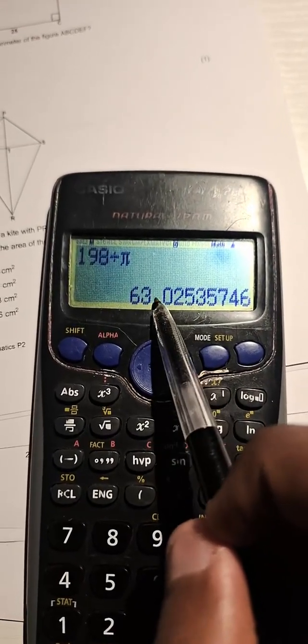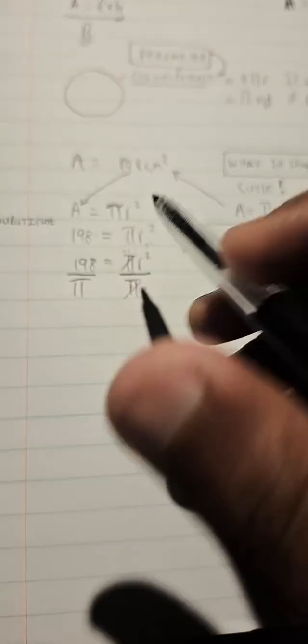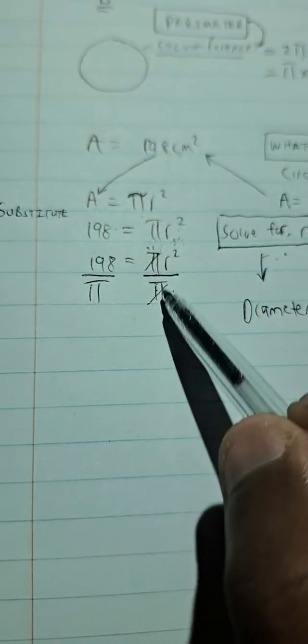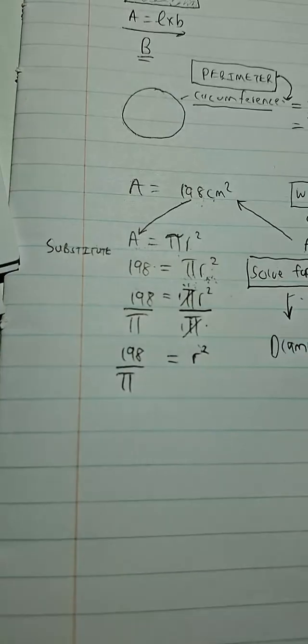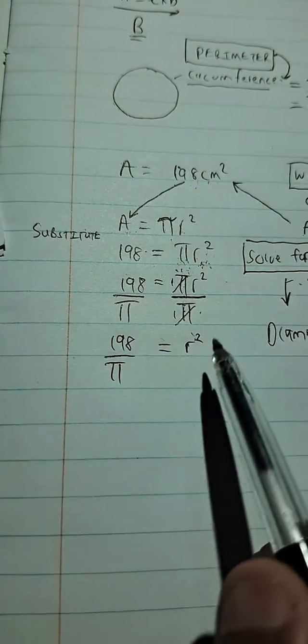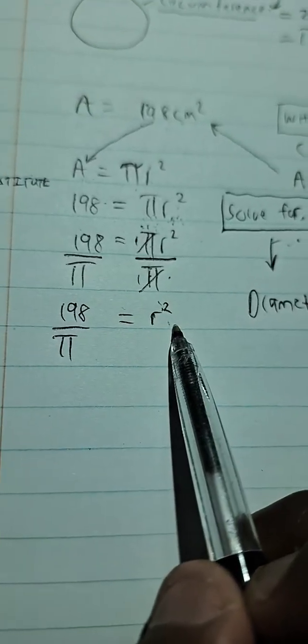I'm sure you guys can see that value, but for now I'm going to hold my horses. Let's cancel, because pi divided by pi is 1. What we are left with on the right is r squared alone, which is equal to 198 over pi. Does that make sense?